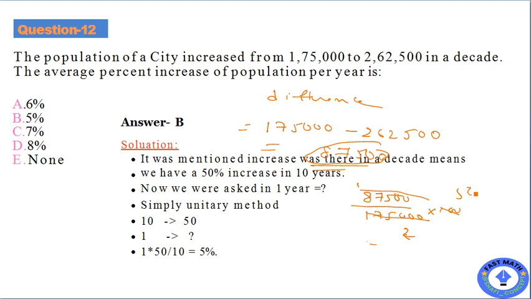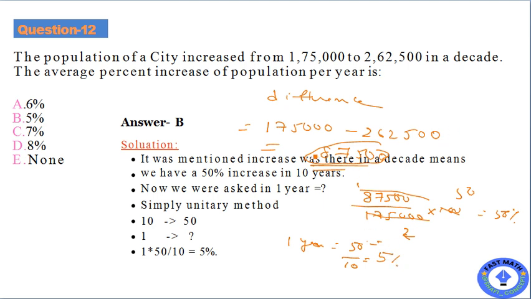That means a 50% increase in population for 10 years. For 1 year, what will it be? It is nothing but 50 divided by 10. Why? Because the increase is for 10 years and we are calculating for 1 year. That means nothing but 5%. This is the tricky method.